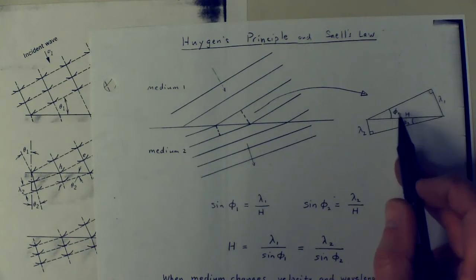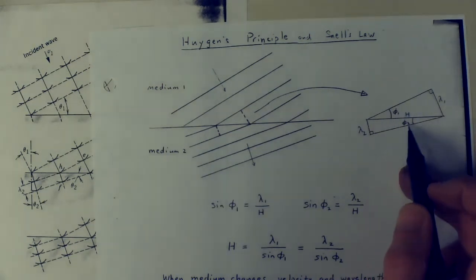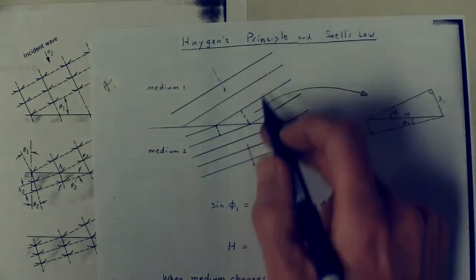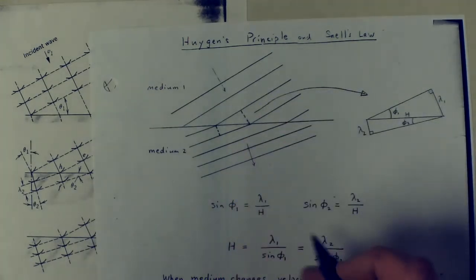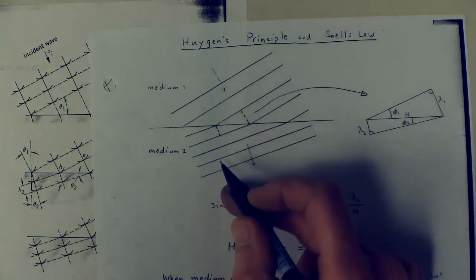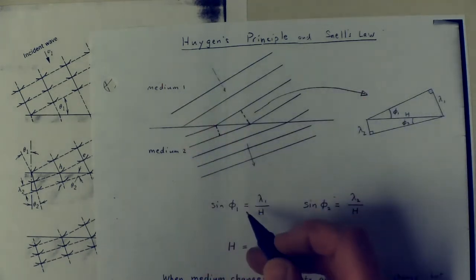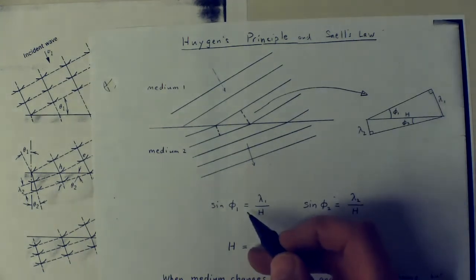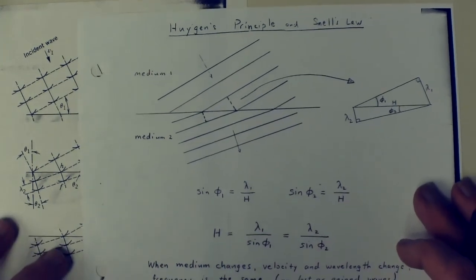And what we'd like to do is see if we can figure out a relation between those two that involves the speed of light in the two materials, in the two mediums. This is done actually in a totally general case where medium 1 has some speed and medium 2 has some speed. Neither one of them has to be air or vacuum.